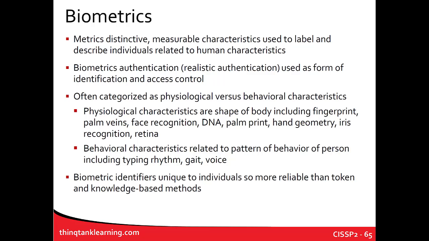And then we have behavioral, right? Typing rhythm, gait, which is kind of how you walk or how you run, voice recognition, signature dynamics. Okay? Why are these so popular? Because they are unique to a person. That makes them more reliable than token-based methods, which would be like a smart card or a key fob, or knowledge-based methods like a password or a PIN.